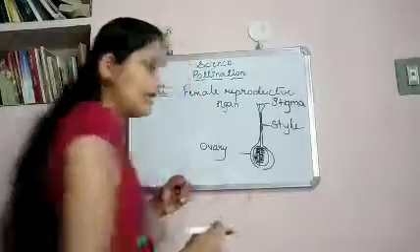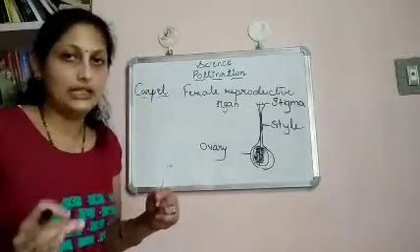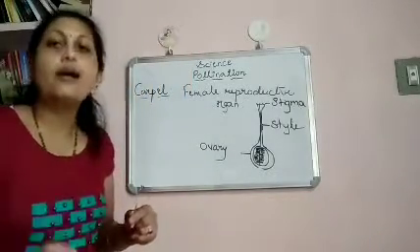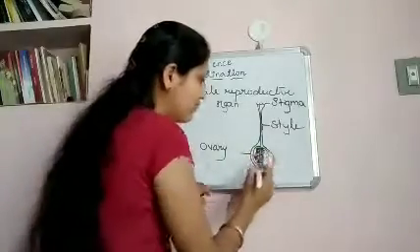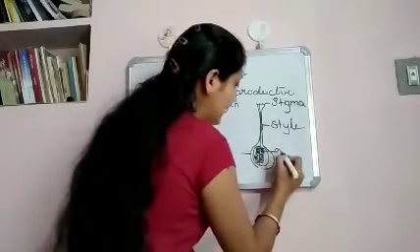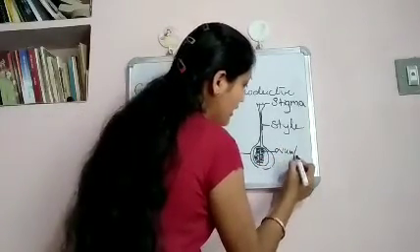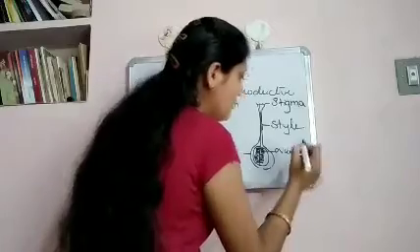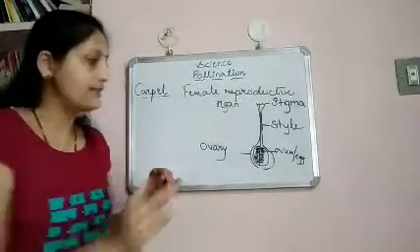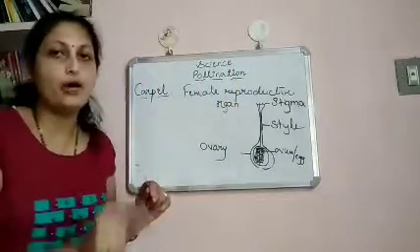Inside the ovule there is the female reproductive cell called the ovum or egg. This is the female sex cell, ovum or egg.